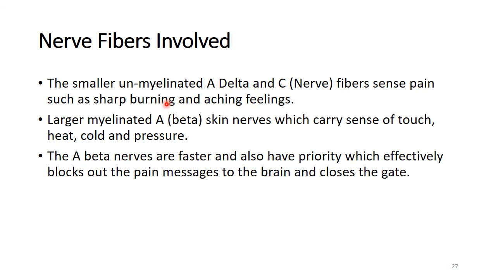So there are two types of fibers entering the spinal cord. One is smaller unmyelinated A delta or C fibers. Another is larger myelinated A beta for heat, cold and pressure. So if there is pain sensation conveyed by C or A delta, it can subside to some extent by simultaneous stimulation of larger myelinated A beta skin nerves.